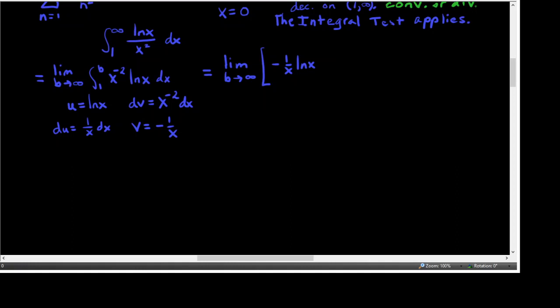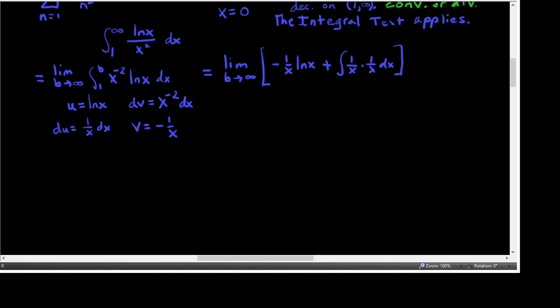So uv minus the integral of v du. V is negative 1 over x, and if I pull that negative out, it turns that into plus 1 over x. That's v du, which is 1 over x dx.